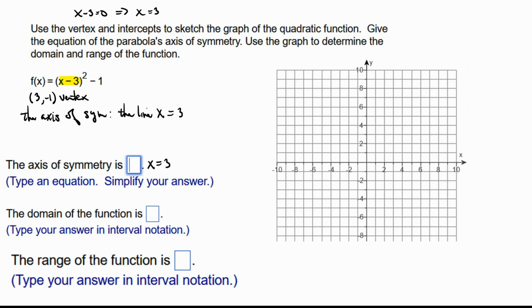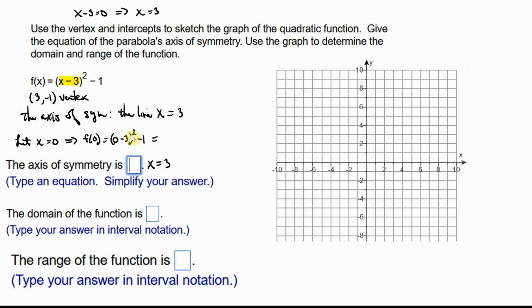And then to get the right graph, we need to find intercepts, either x or y. I'm going to simply let x equal 0. So that means I have f of 0 is equal to 0 minus 3 squared minus 1.